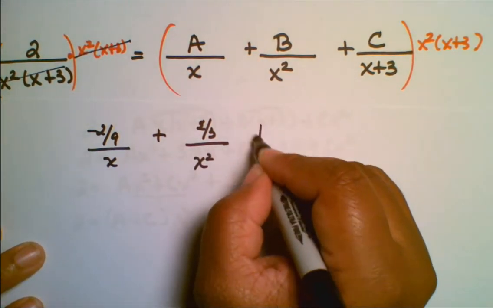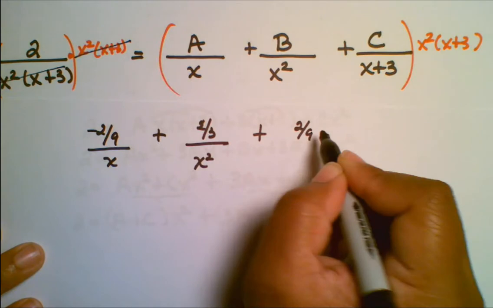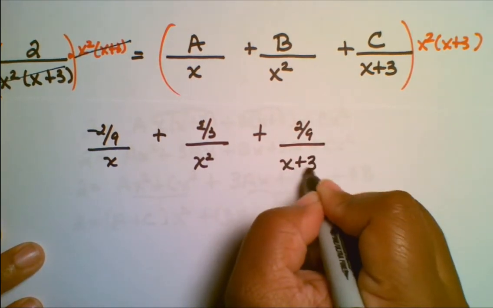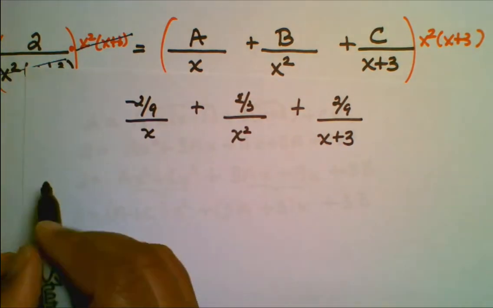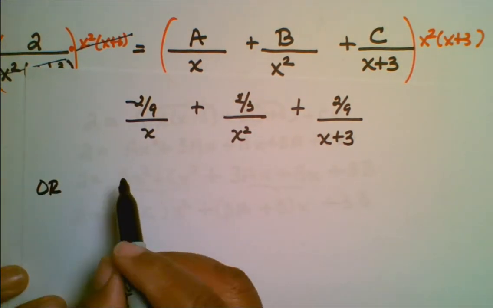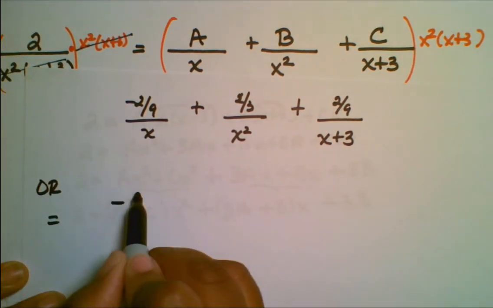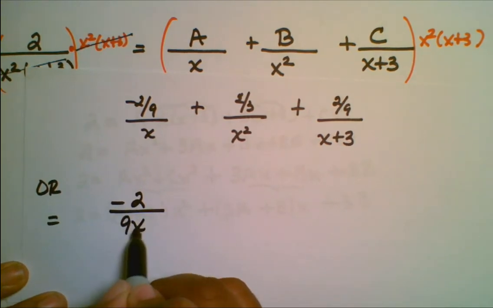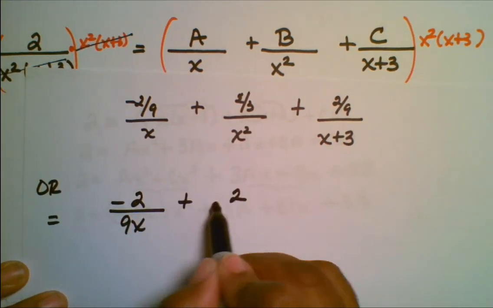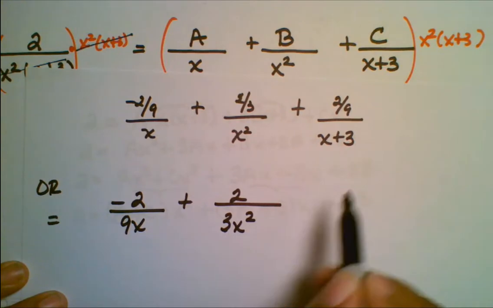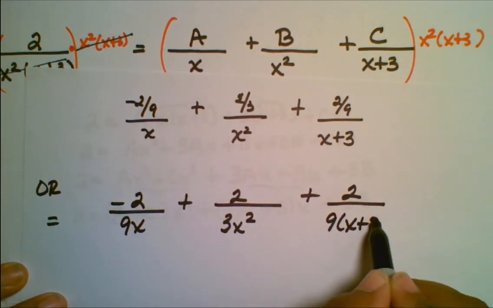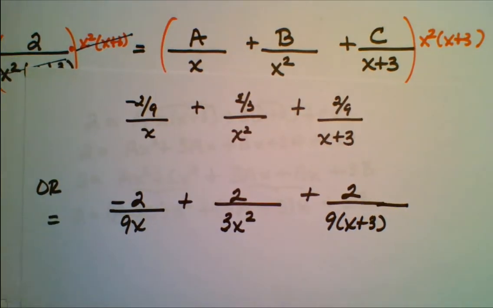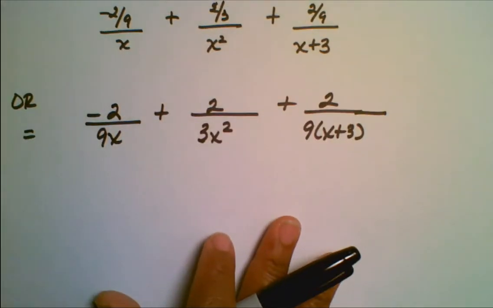And then c, we have 2/9 over x plus 3. Or we can write it as negative 2 over 9x plus 2 over 3x squared plus 2 over 9 times x plus 3. There we go. We have our solutions.